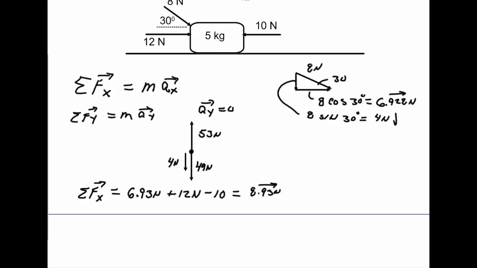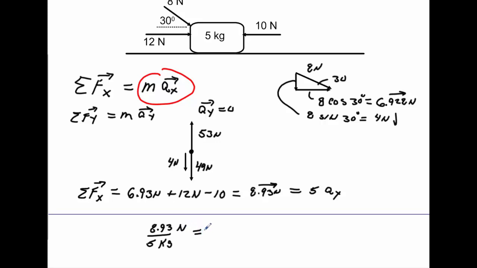We go back to this equation and we set it equal to mass times acceleration, and the mass will be 5 and it'll be the acceleration in x. So to solve, we take 8.93 and divide it by 5, and again this has to be in kilograms and this unit here has to be in newtons.